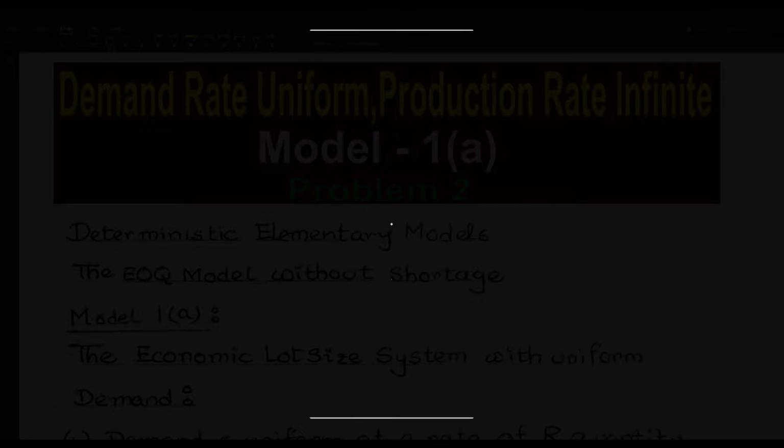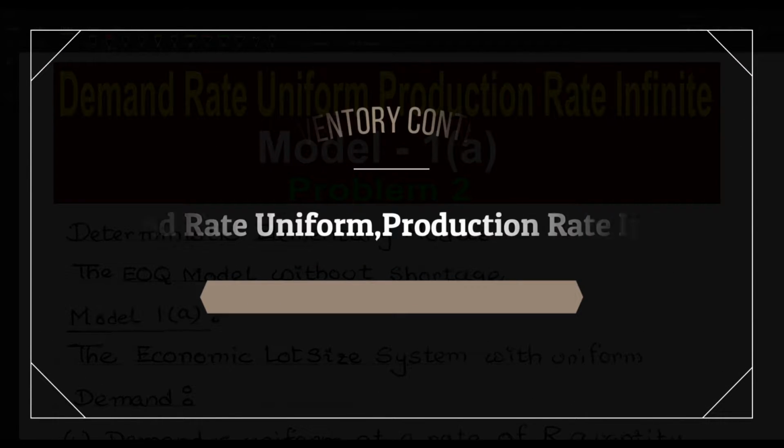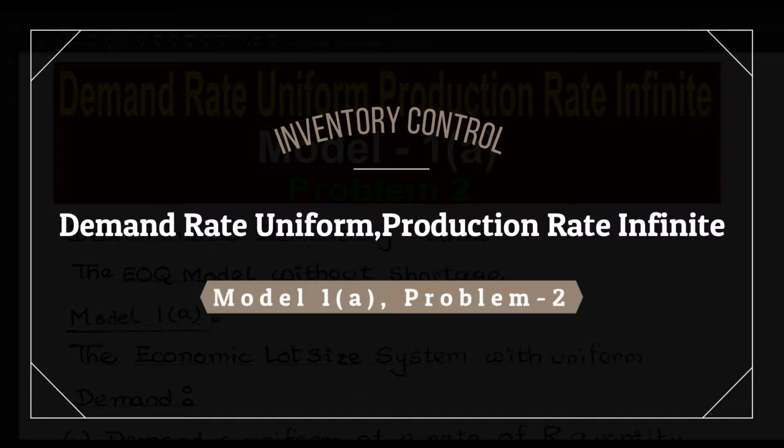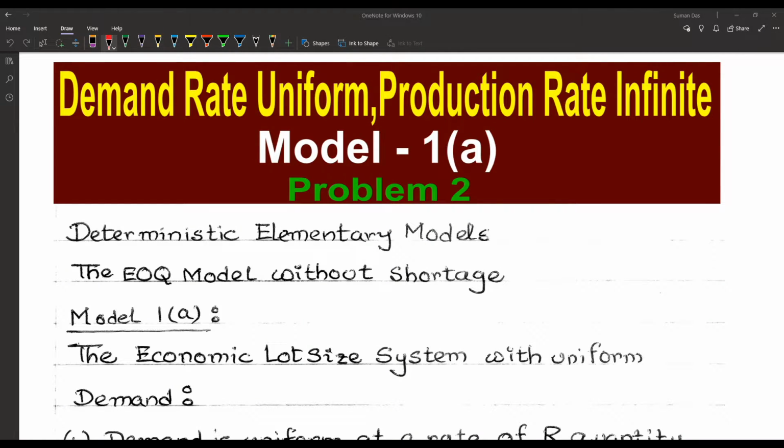Hello friends, today is our second problem on the deterministic elementary model on inventory control, where the EOQ model is without shortage, and model 1A particularly expresses that the demand rate is uniform and the production rate is infinite.